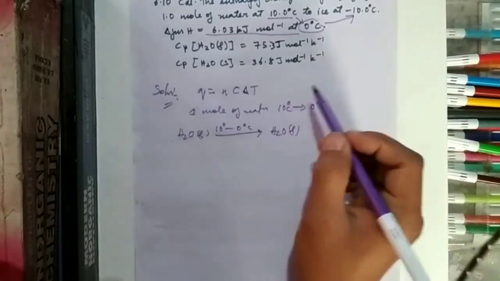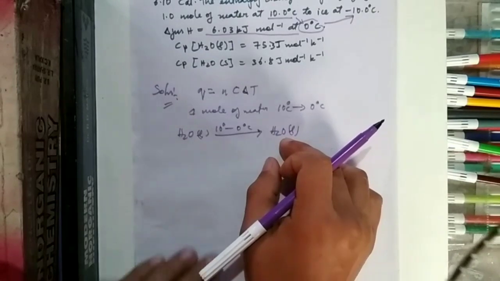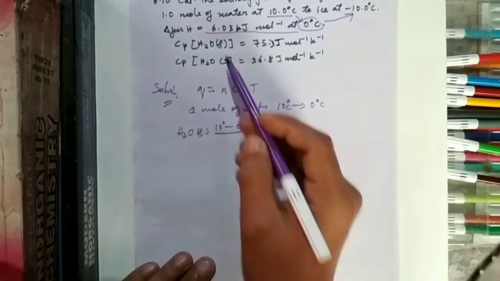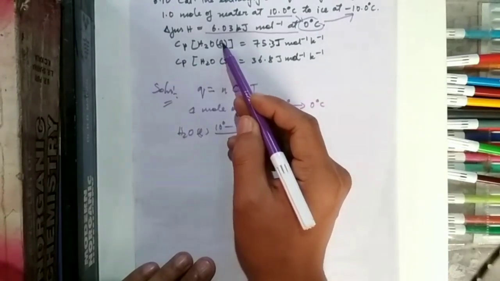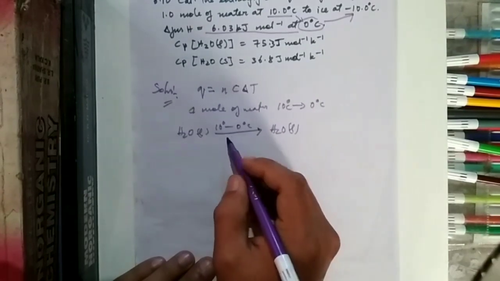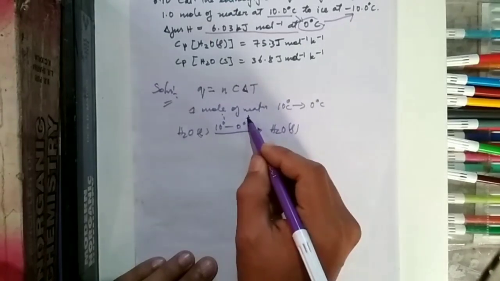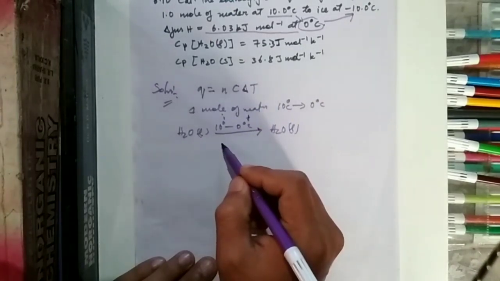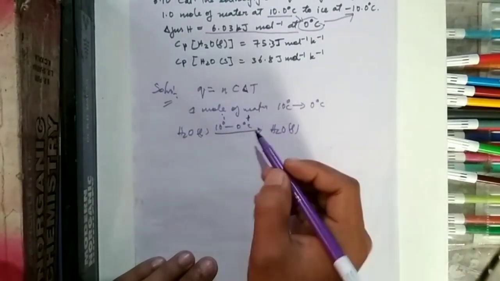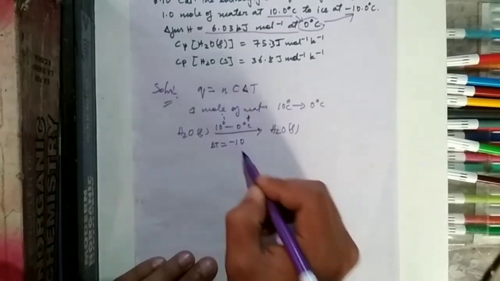So at first it is in liquid state. This is the final temperature, and this is the initial temperature. So final minus initial, we get minus 10 only. So our delta T is equal to minus 10.